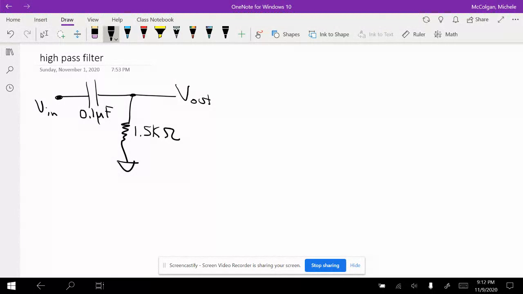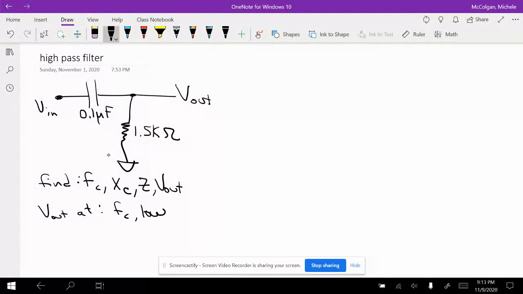Okay, so we need to find FC, the XC, Z, and then V out for V out at cutoff, and then low F and high F.